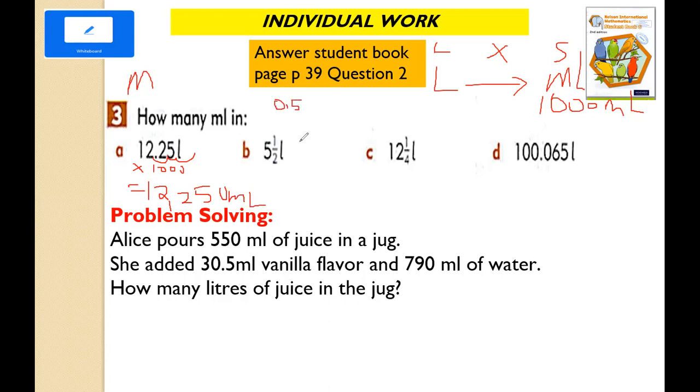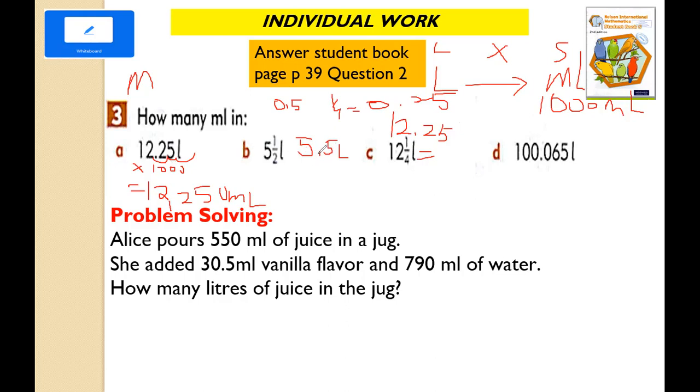So therefore, this will be 5.5 liters. Okay, 12 and a quarter is equivalent to 12.25.